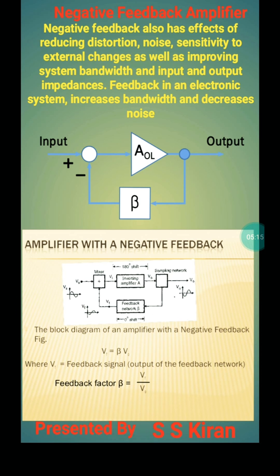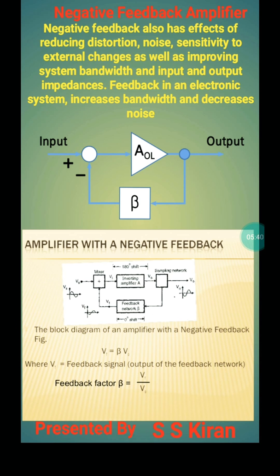These negative feedback amplifiers improve system bandwidth and input and output impedances. Feedback is an electronic system that increases bandwidth and decreases noise. By using negative feedback amplifiers, we can eliminate noise and at the same time increase the bandwidth.